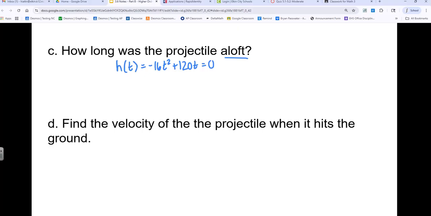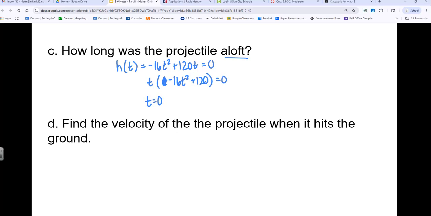Now, if I want to solve that, what would I do? Factor out a t. Negative 16t plus 120. And then I can set each one of these equal to 0.